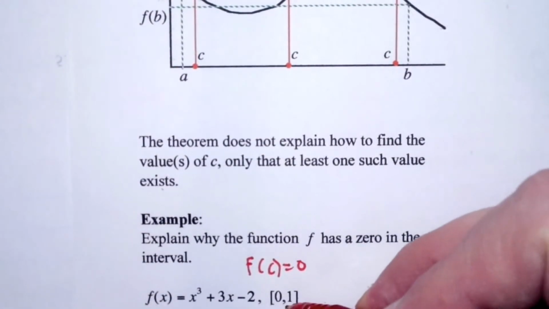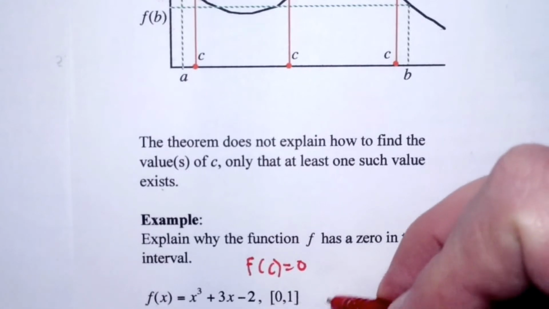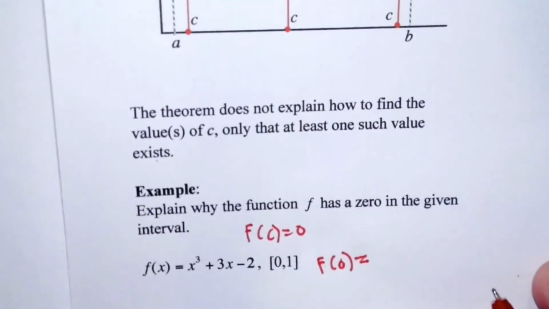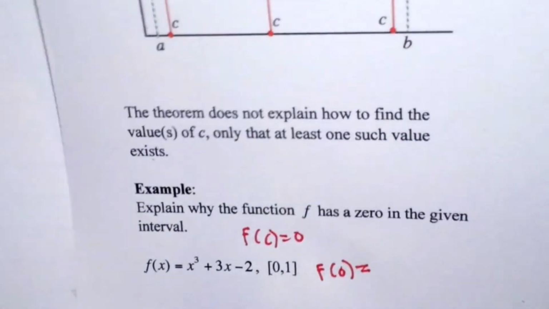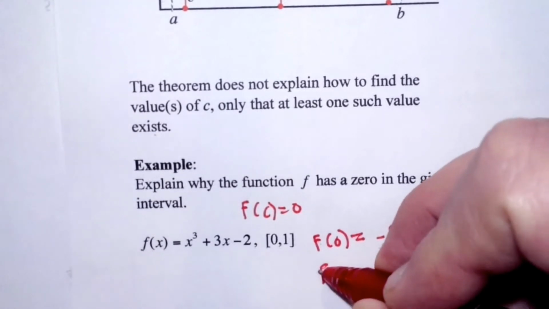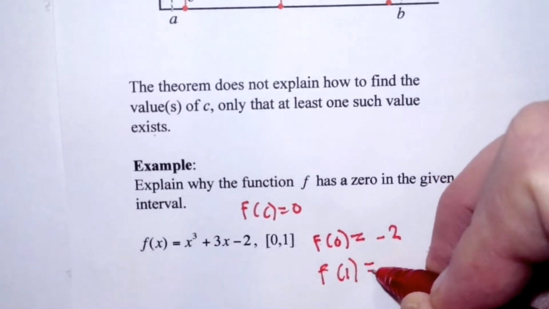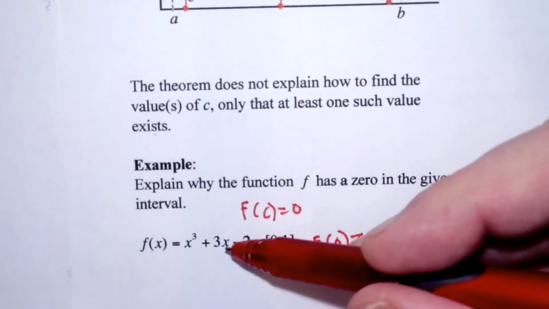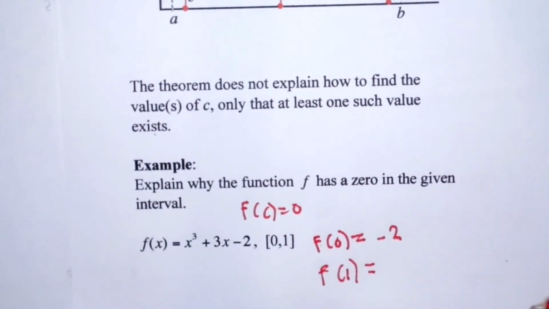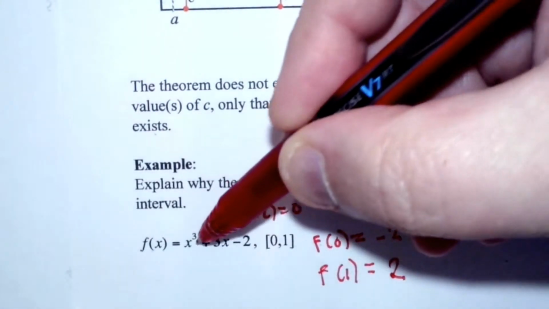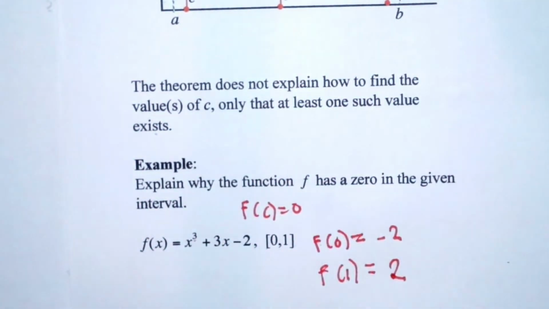Let's evaluate the function at 0 and at 1. f of 0 is negative 2. f of 1, pardon me, is 1 plus 3 minus 2. Let's see, 1 and 3 is 4, minus 2 is 2.